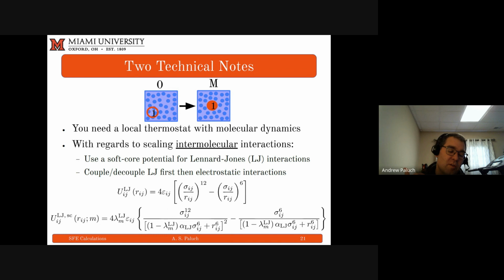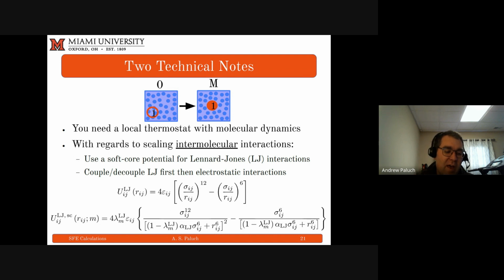And so the idea, going from 0 to m, is that free energy is a state function. So it doesn't matter how I get from 0 to m. With the soft core potential, at the low scale factors, it's going to soften the shoulder so that I can slowly turn on the intermolecular interactions.